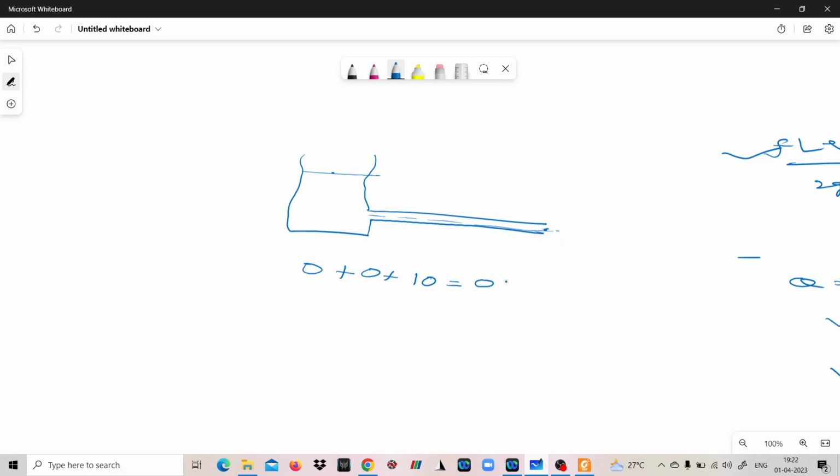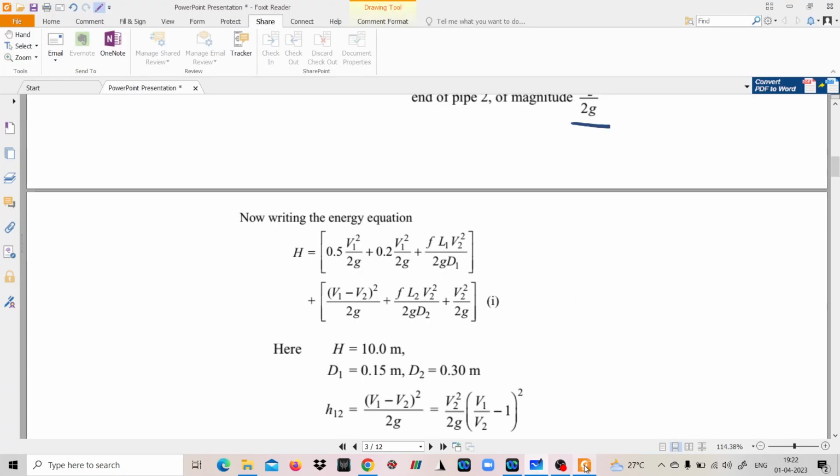Pressure head will be 0, there is a velocity of exit, so V2 square by twice g, plus Z2 will be 0, plus the total head losses, which you will be adding. So based on this you will be getting an equation like this.